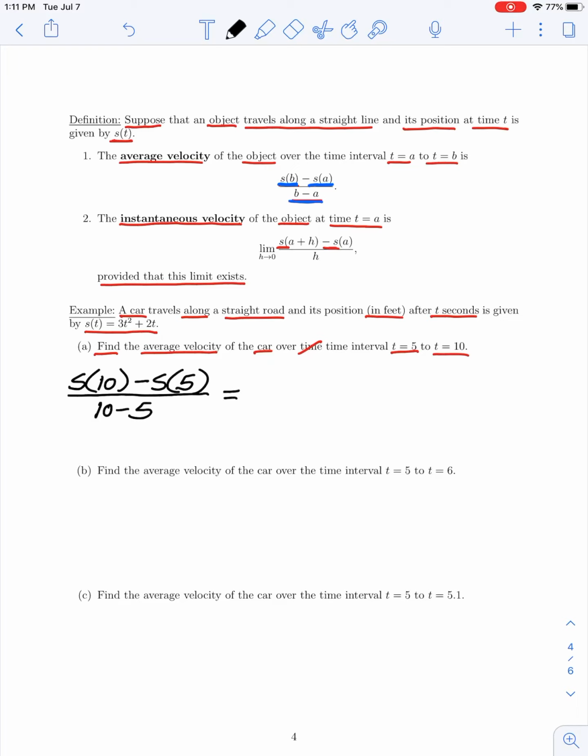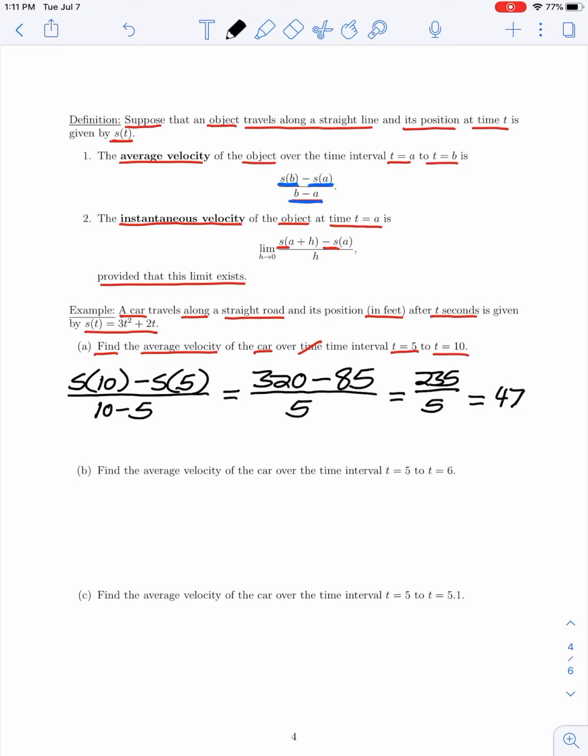Now, evaluating our function s at t equals 10, we have 300 plus 20, so 320, minus, if we evaluate our function at 5, we have 75 plus 10, so 85. And then we're dividing by 10 minus 5, which is 5. So this leaves us with 235 divided by 5, which reduces to 47.